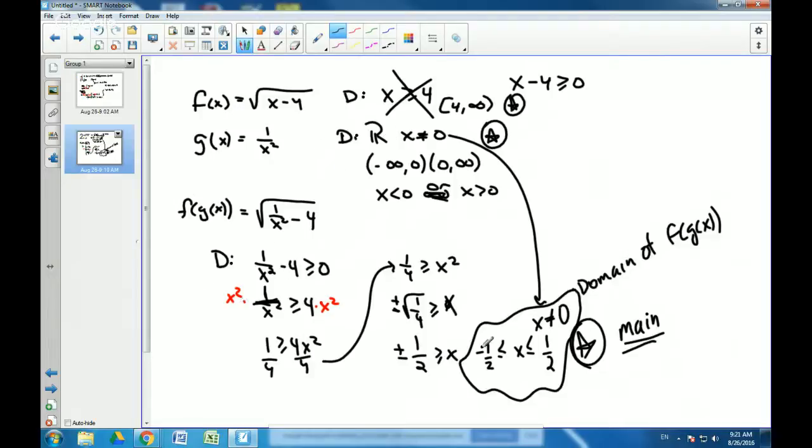This here is the domain for f of g of x. You probably won't run into that very often, honestly, but I'm teaching you mathematically correct. We might see that a time or two the rest of the year, once or twice next year after this.